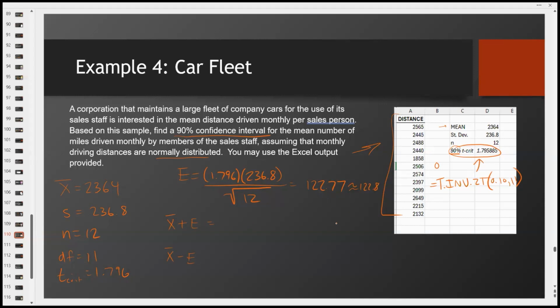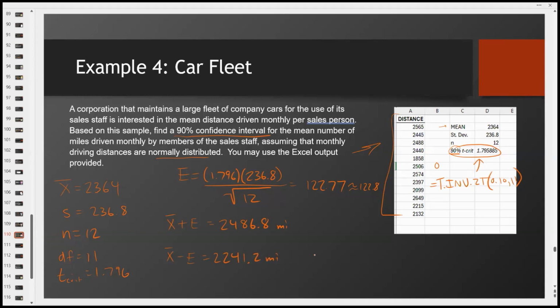2364 plus 122.8 is 2,486.8 miles. We'll subtract, and get 2,241.2 miles.